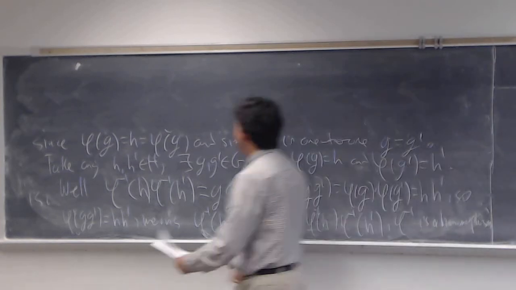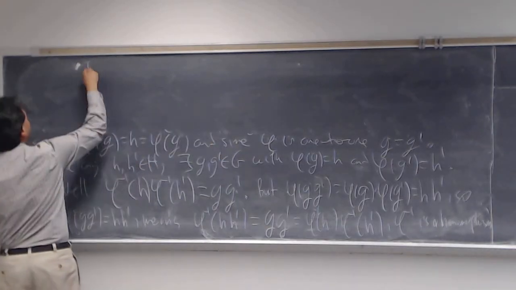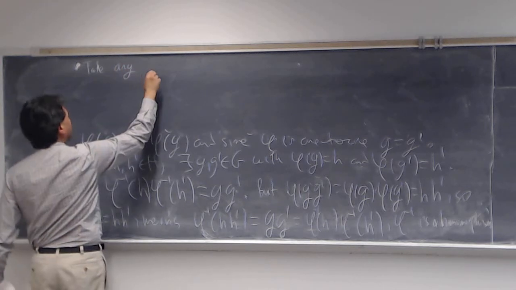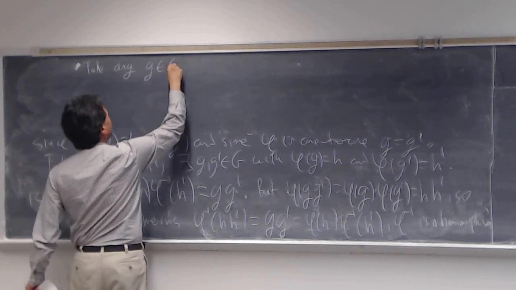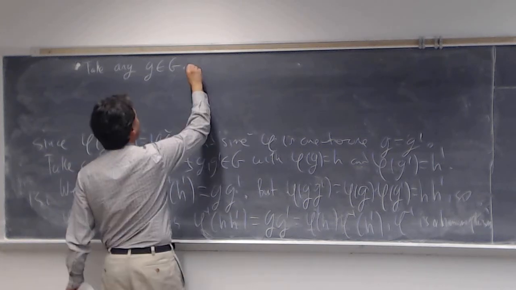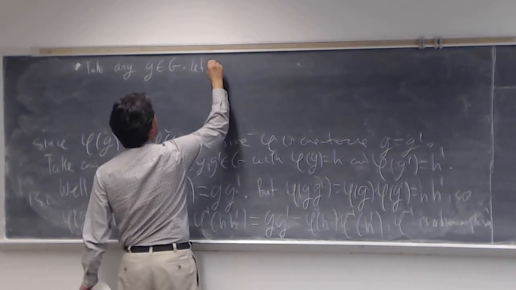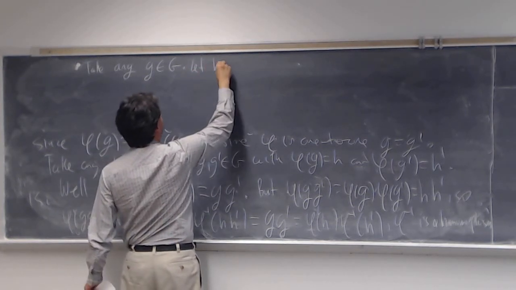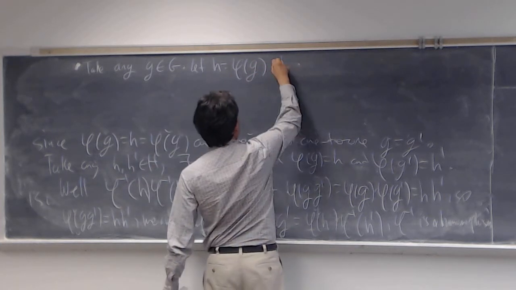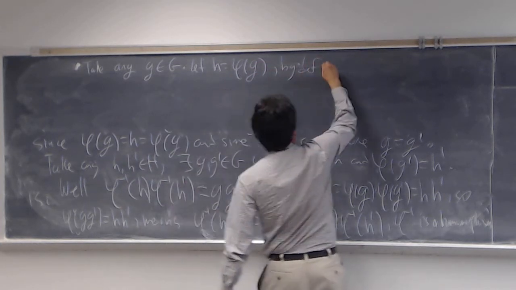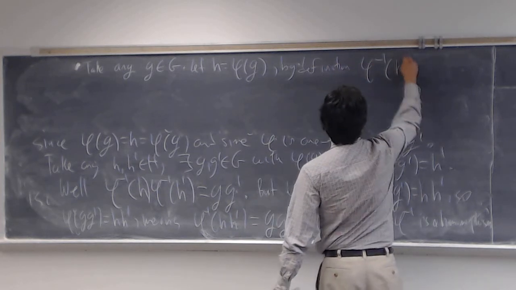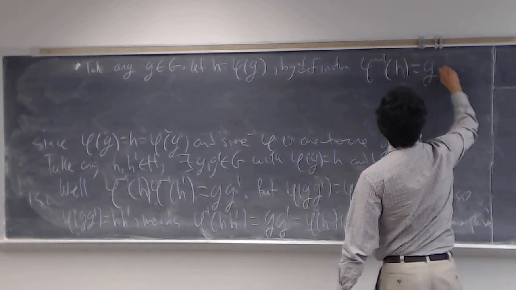Let's show that it's onto. Take any g in G, let h be phi of g, but by our definition, that's exactly then phi inverse of h would have to equal g.